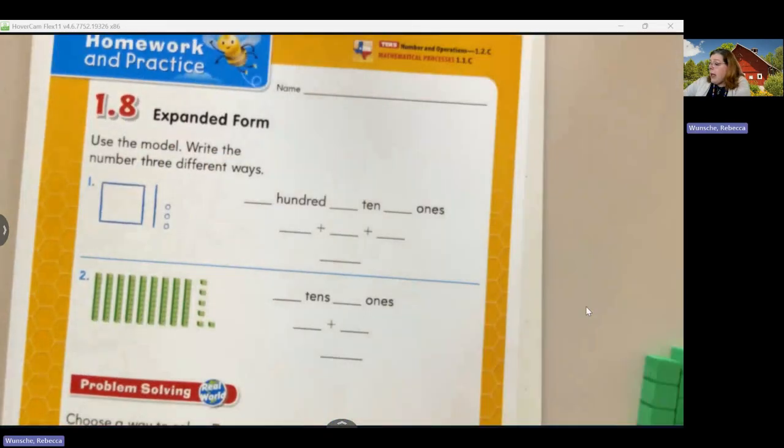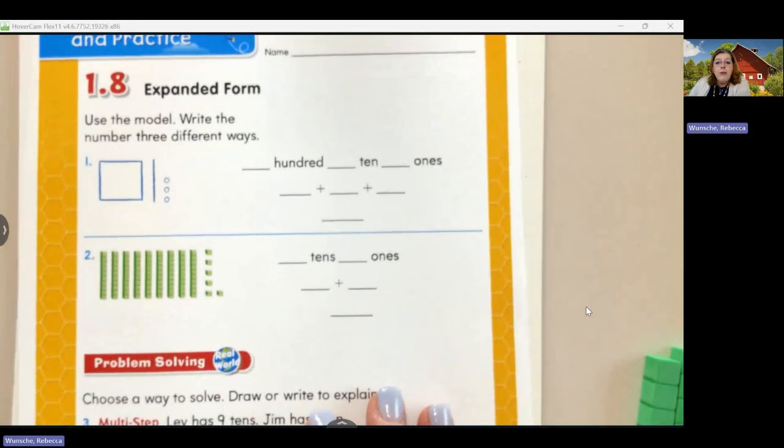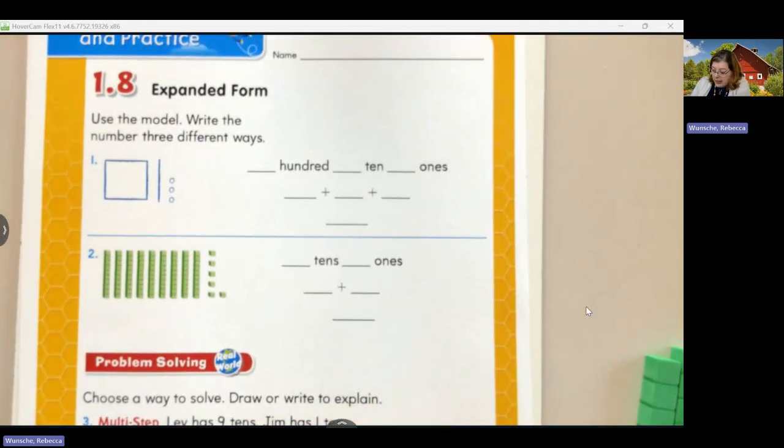All right, the other way that we are going to use 1.2c is to represent numbers using expanded form and standard form. Expanded form is just thinking about adding all the parts of our model together. When we think about a model or a representation of a number, what we're really doing is adding the pieces together to make our number.